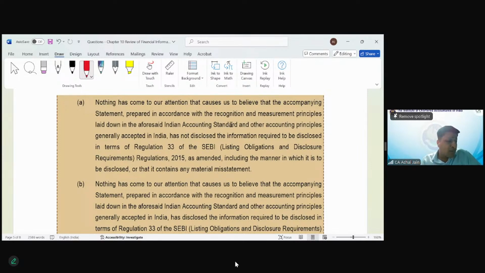Now, the problem with these type of options is you'll have to go through the complete option because it's a detailed description. So you'll have to be very careful in the language whenever you come across such questions.